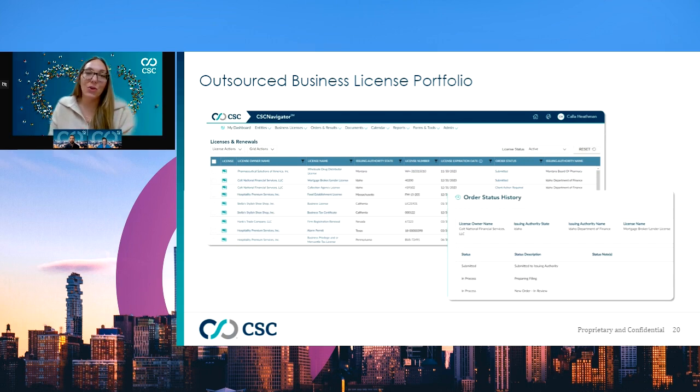And then you'll note that there is an order status here down at the bottom right that really just will tell you the progression that CSC is taking throughout those filings. If we're touching it during that time, you'll know when things are in process, when they're new, when they're being prepared, when they're submitted, if there's something that we need from you. So this is just a very quick glimpse into what this would look like.